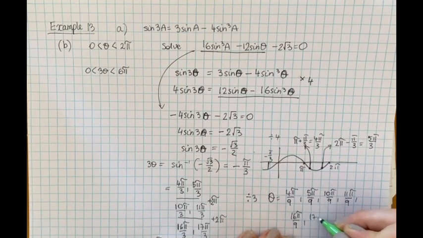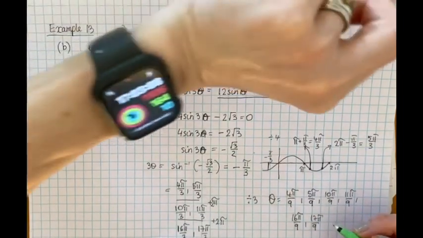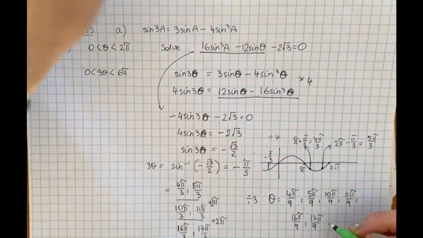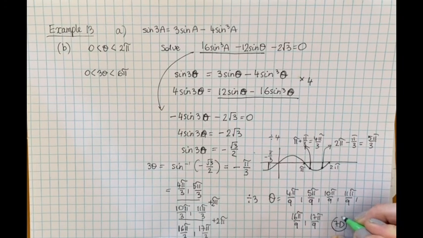And 17 pi over 9. Okay, so this will take us to exercise 7D. There you go.